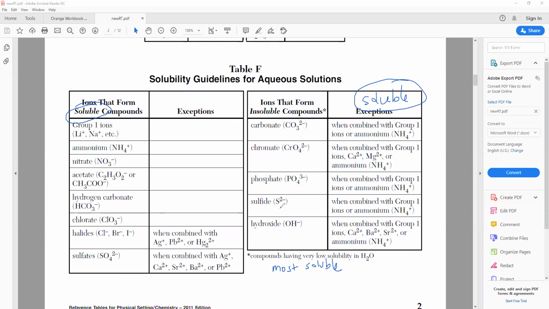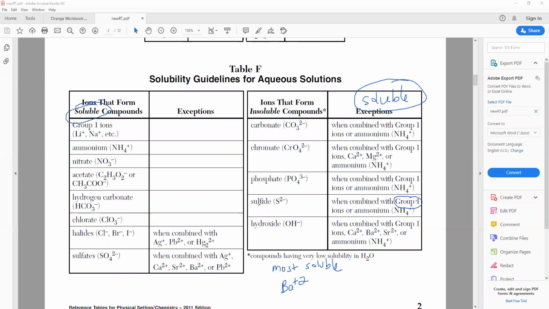So sulfides, Ba. Let's go over here. Is Ba plus 2 soluble? Well, sulfides are insoluble unless you have a group 1 or ammonium.